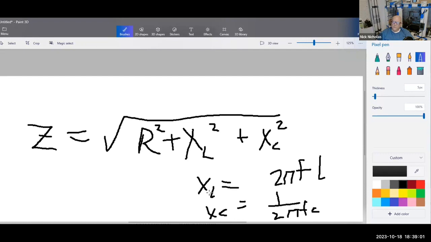It sounds a little confusing, but it's not. What we're trying to do is make this all relate so that when we get done, Z is ohms of impedance. That's how we come up with the 50 ohms of a coax.